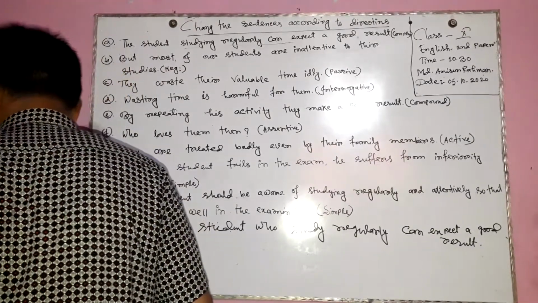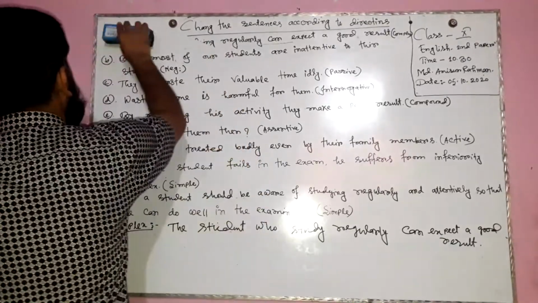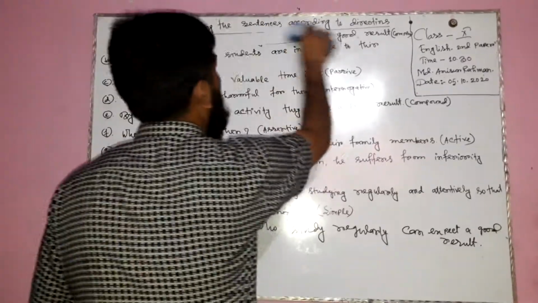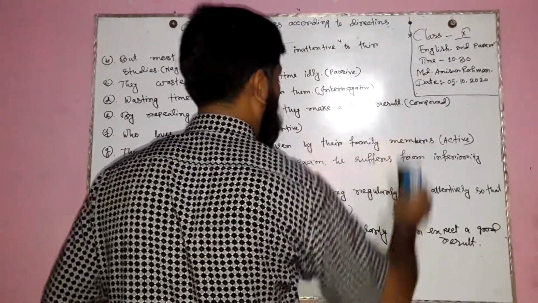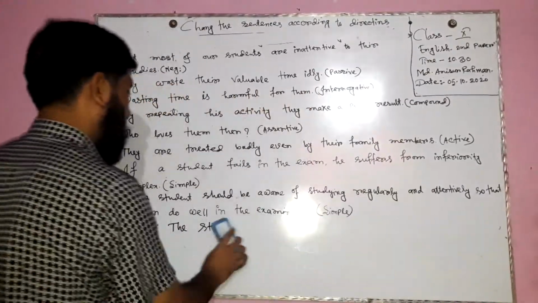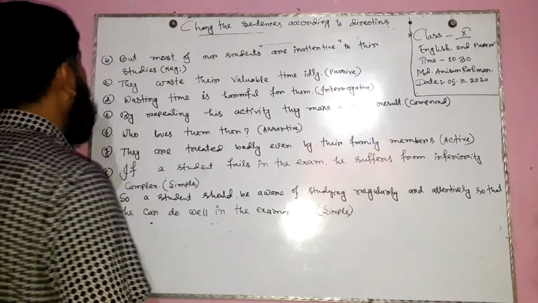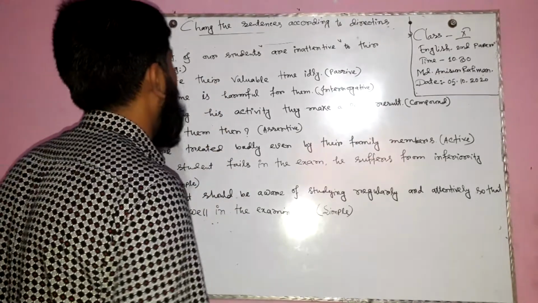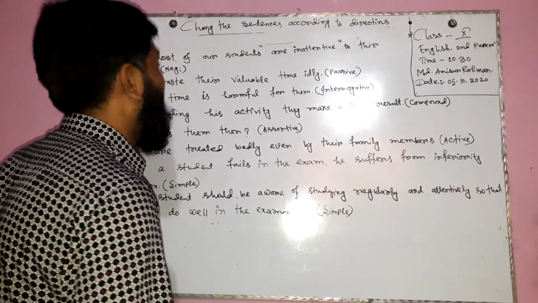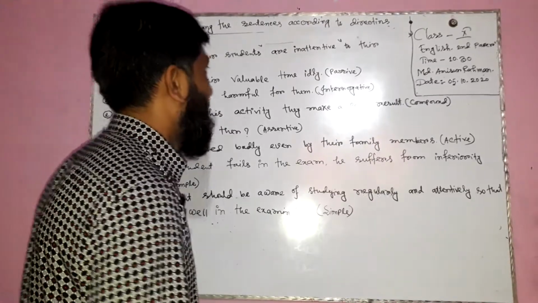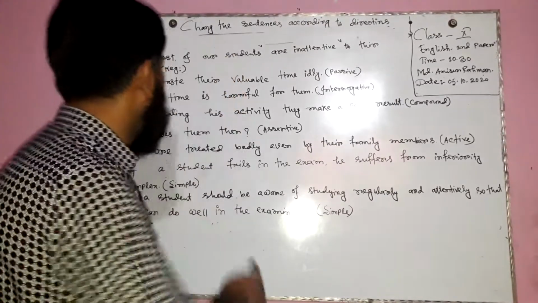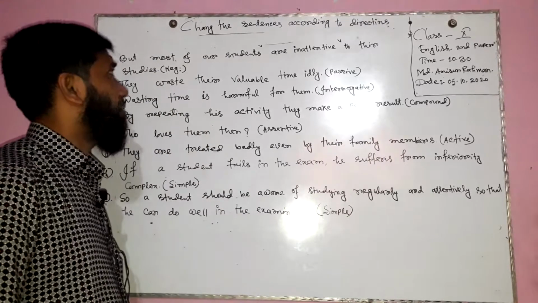Now number B. Here is: but most of our students are inattentive to their studies. Negative. Here the direction is called negative.